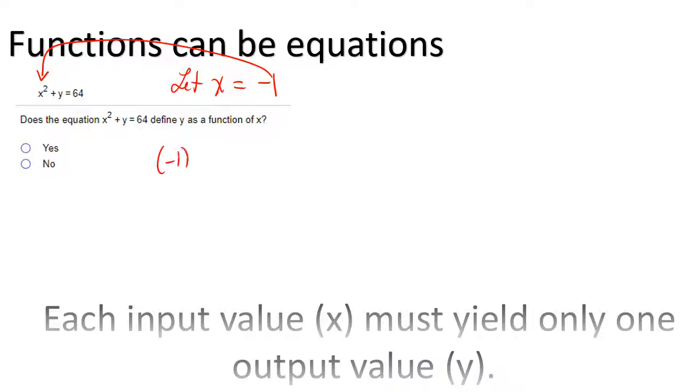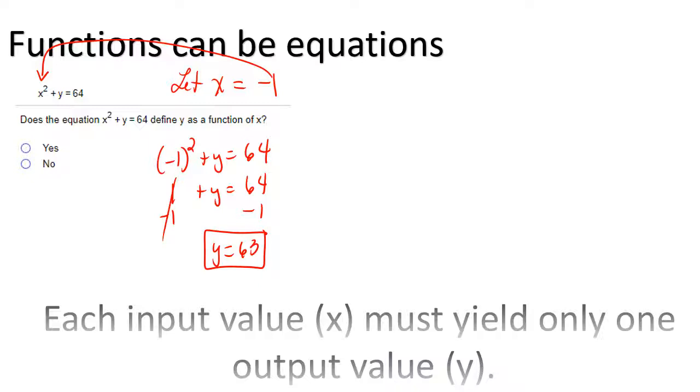So we'll have -1 squared plus y equals 64. Well, -1 squared is 1. And if I solve for y, how many answers do I get? I get only one answer. So one value for x yielded one answer. Then yes, this is a function.